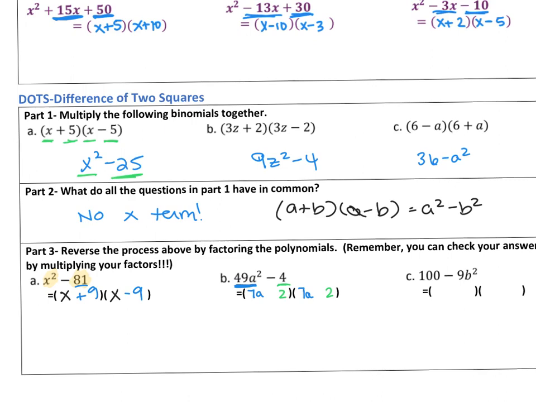We need one plus, one minus. Last one, 100 is going to be 10. 9b squared is going to be 3b. I get minus, plus.